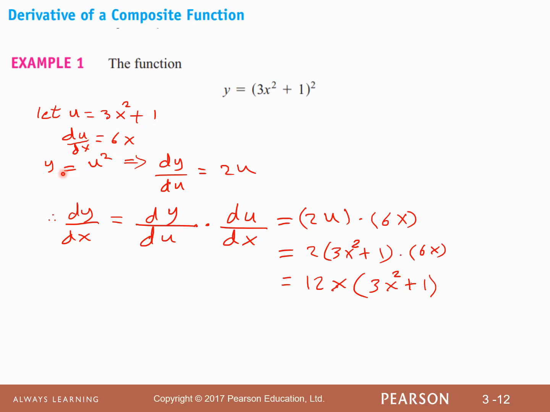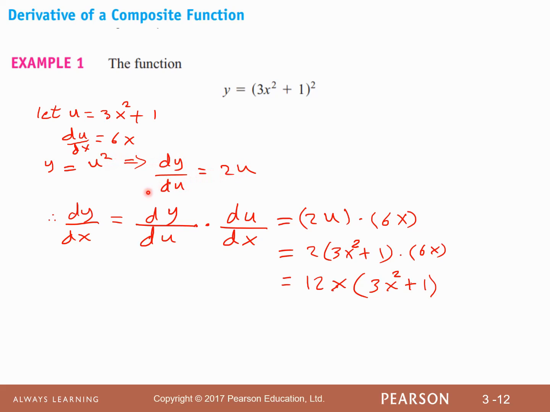And now we will set y equal to u squared, because we have u equal to 3x squared plus 1. So we will replace 3x squared plus 1 by u. And that will give us y equal to u squared, which implies dy by du is equal to 2u.